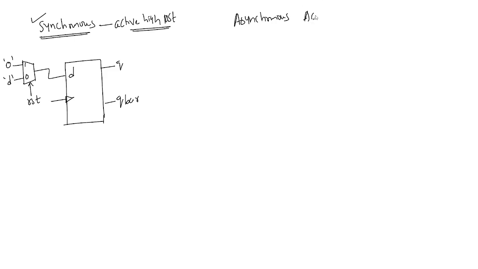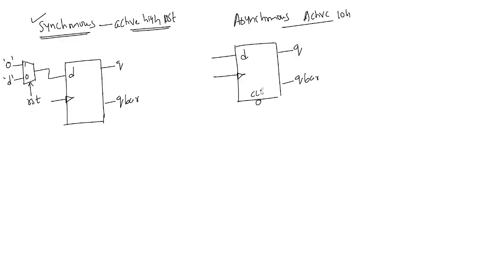let us take active low reset. Okay, active low reset. So how the circuit will be there means, you have D input and clock and Q and Q bar. Here there will be a bubble. This is nothing but clear.